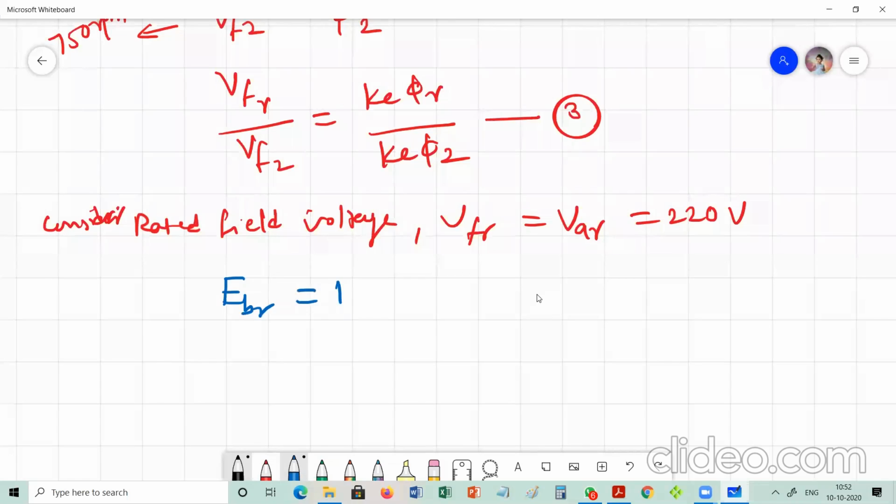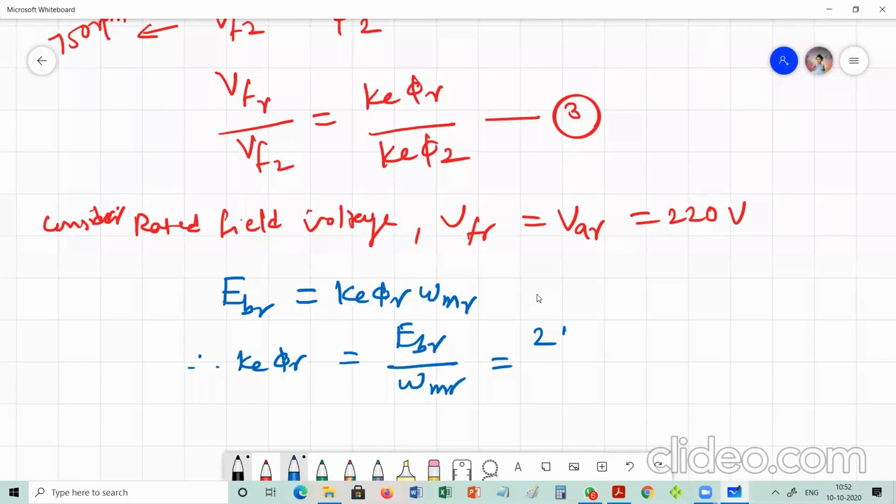Ebr is equal to Ke phi r omega mr, therefore Ke phi r is equal to Ebr divided by omega mr, where Ebr we have calculated as 210 volt, and omega mr is given as 600 rpm, which has to be multiplied by 2 pi by 60.